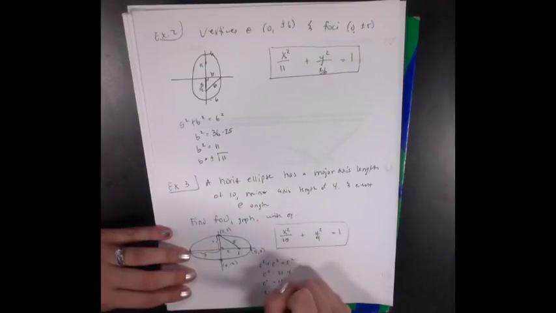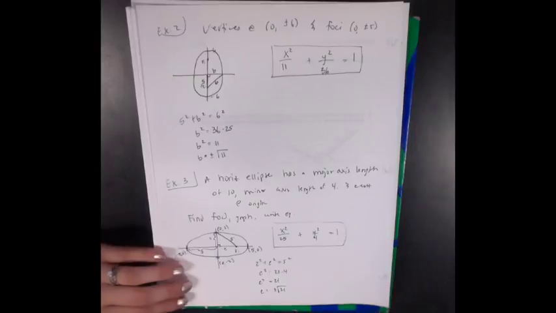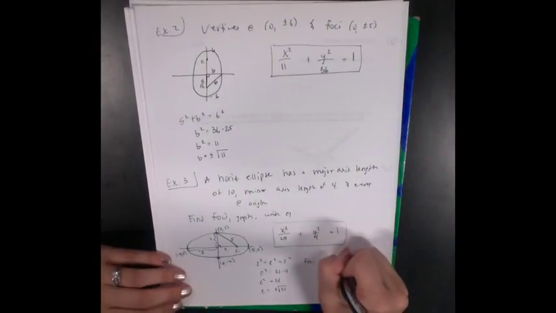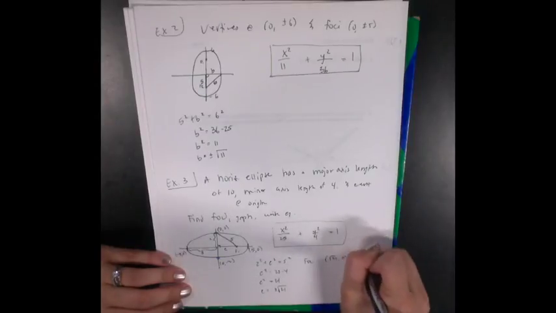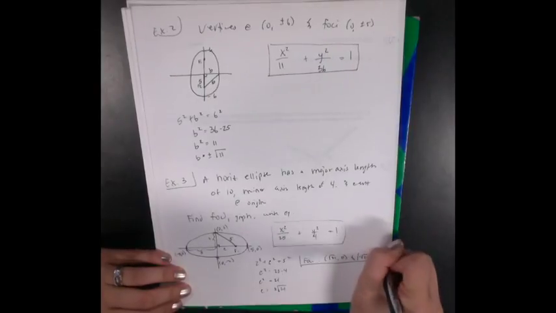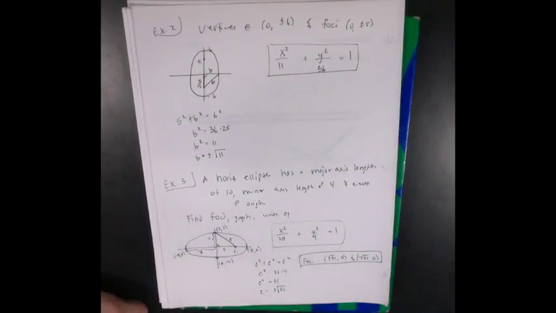So c is plus or minus the square root of 21. So my foci are the square root of 21, 0, and negative square root of 21, 0. The whole thing, and my diagram was my graph. How convenient.